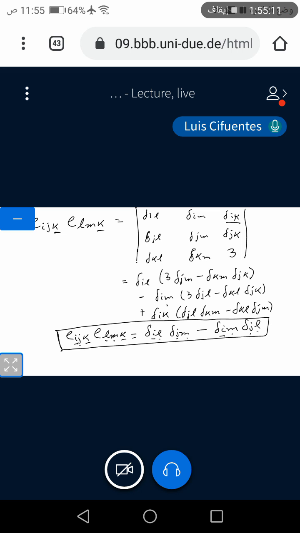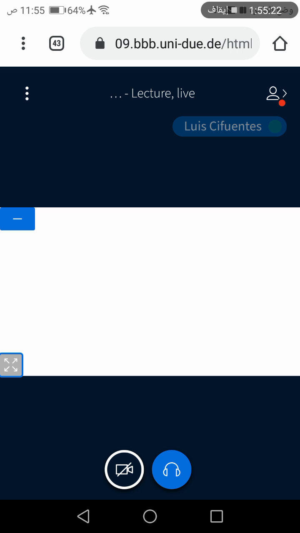We can represent the product of these two permutation symbols in the following manner.